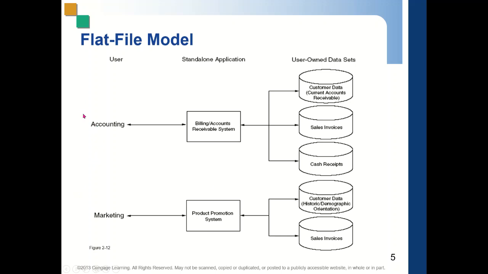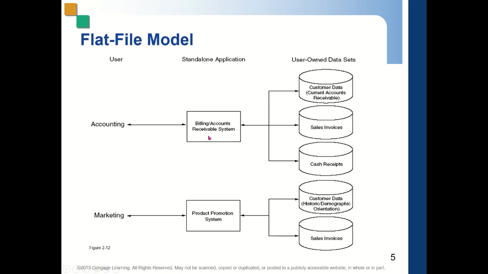So in this case, accounting has its own system that is supported by a collection of files. And these files are separate from the collection of files that support the production system that serves marketing. So there are two different systems in this particular example: the system that serves accounting and the system that serves marketing. And each system has its own set of files that support it.